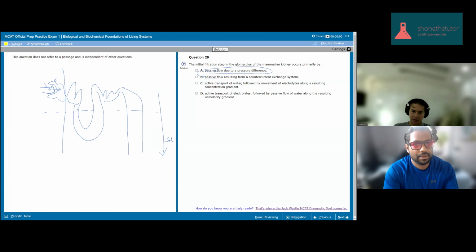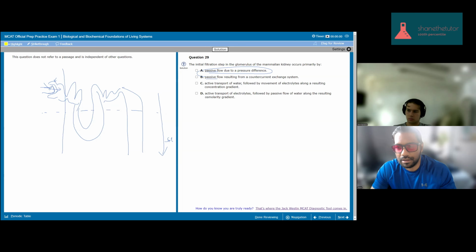But where is that in the kidney? For instance, in the ascending loop of Henle, you will have sodium getting reabsorbed.